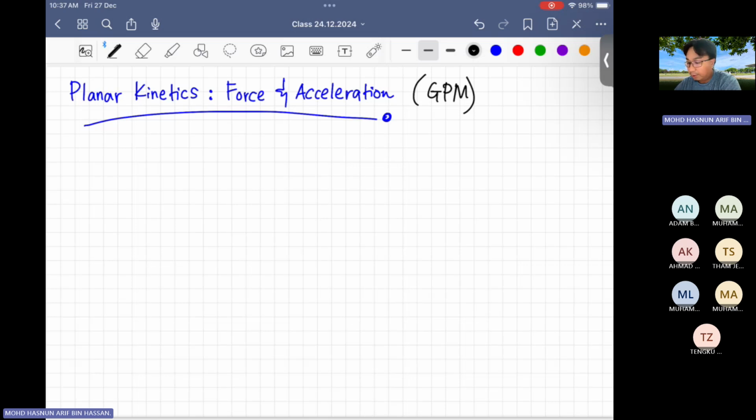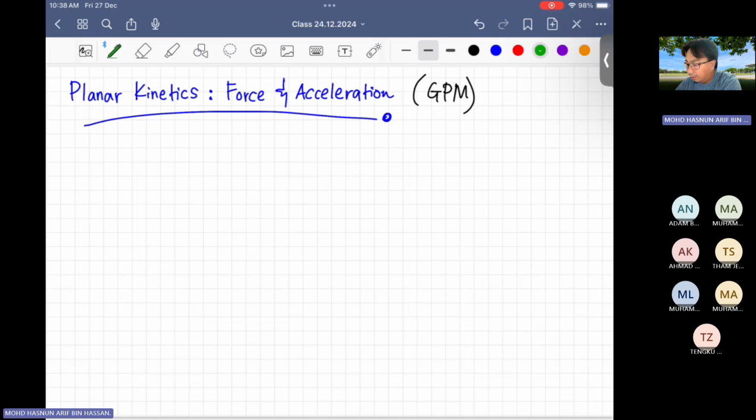So before we go into the example problem, let's recap what we have learned in this final subtopic, which is general plane motion for force and acceleration. Basically, you have three formulas that you need to know in order to solve problems in general plane motion.